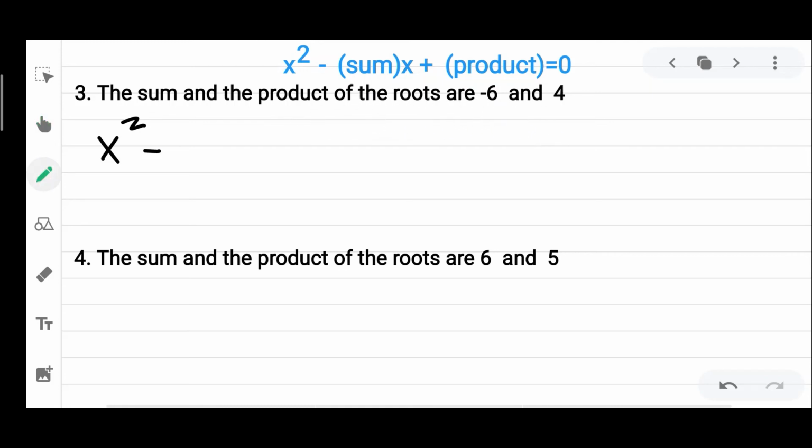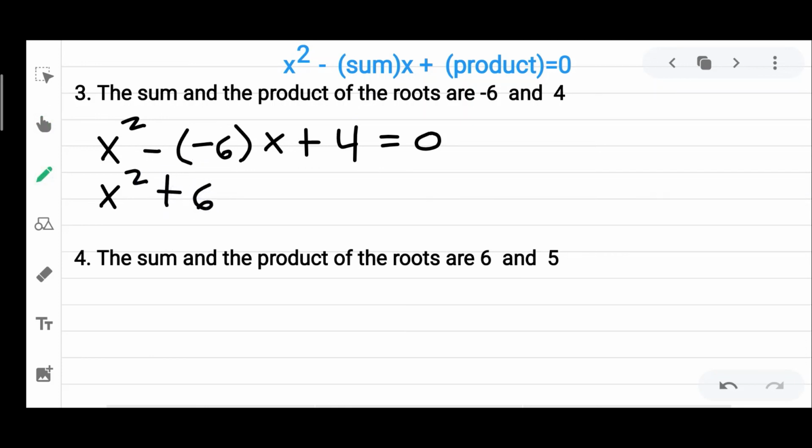That is negative 6, then write x plus, yung product natin is positive 4, then equals 0. Bring down x squared. Pag parehas negative, nagiging positive 6. So, bring down x plus 4 equals 0. And this is our final answer.